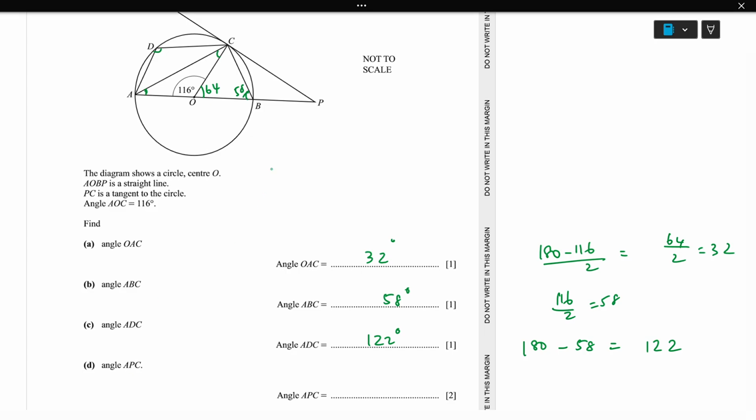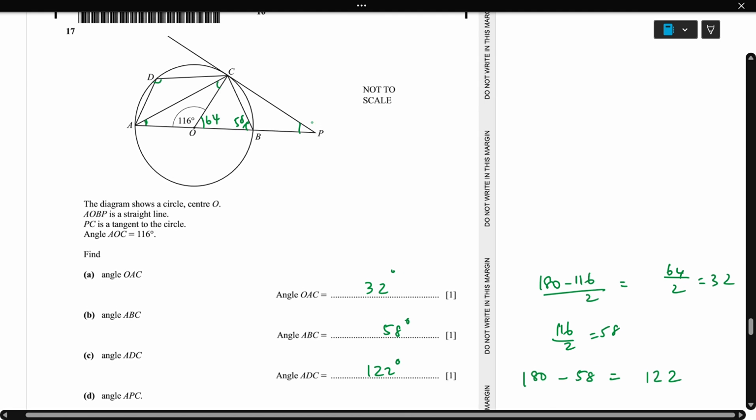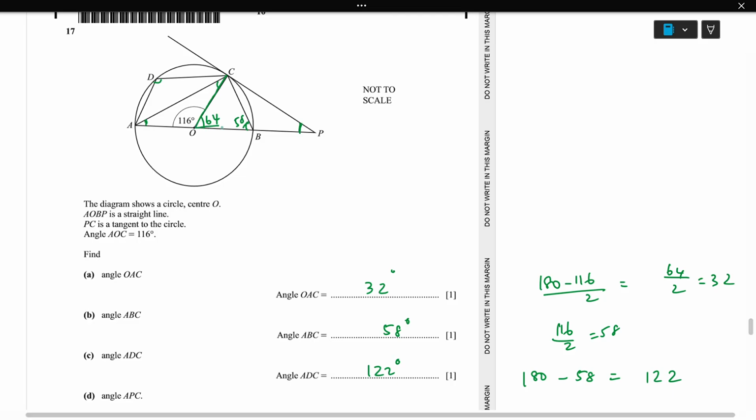Next, angle APC. APC is here, so I'm taking this triangle. We know the rule: the radius and the tangent always meet at 90 degrees. So this is 90, this is 64.